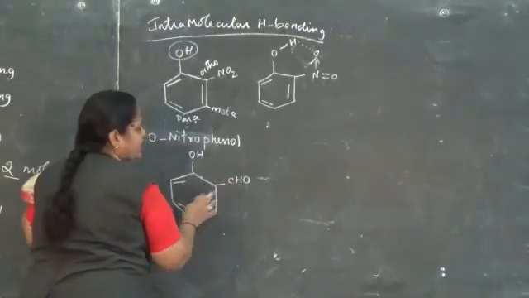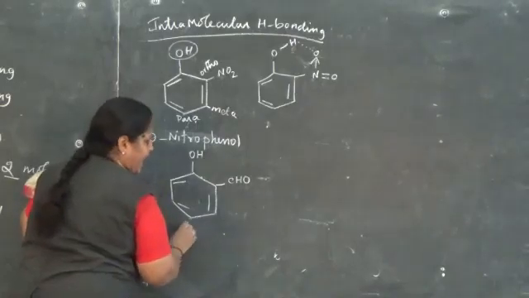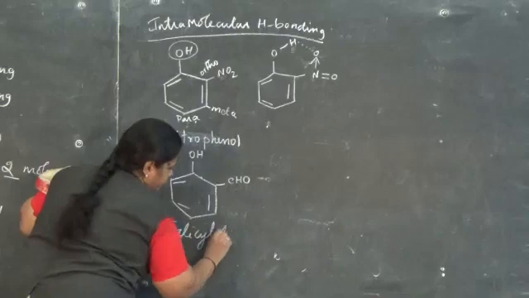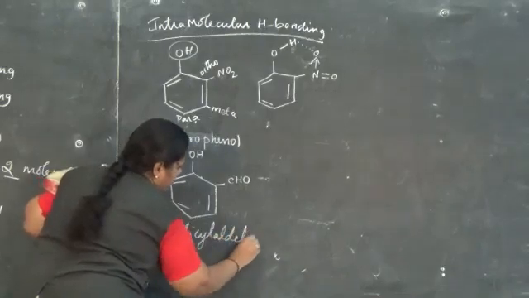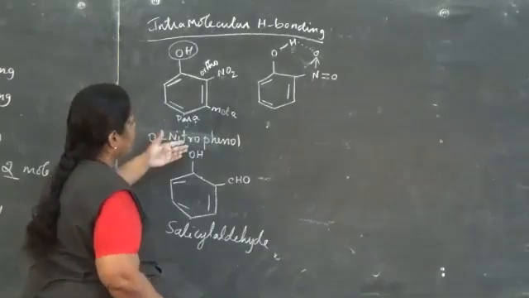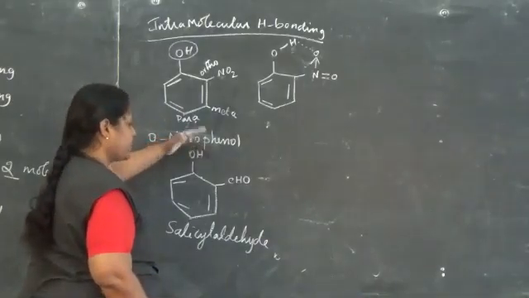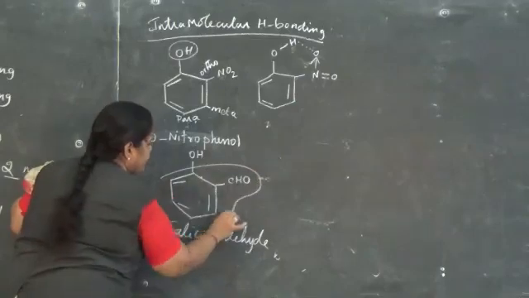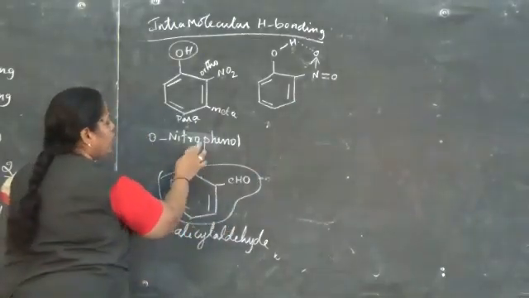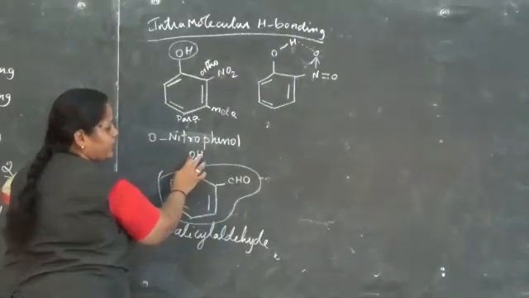Commonly these are called salicylic aldehyde. Here in ortho position a hydroxy group is there. That's why up to this part is called benzaldehyde. This is ortho. So, ortho means hydroxy group.